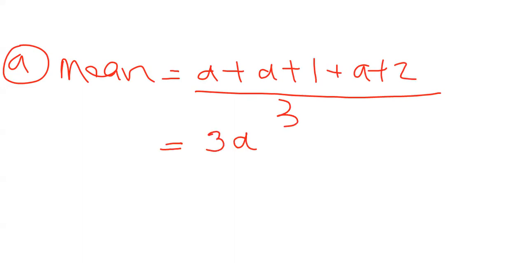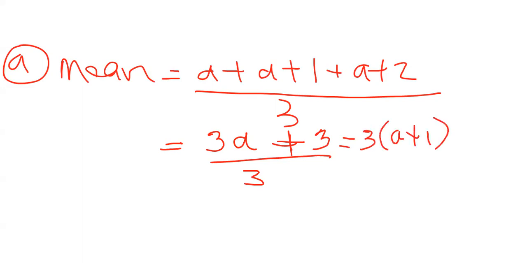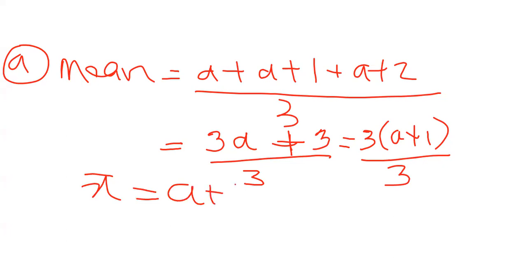All those A's is 3A plus 3 all over 3. Try to factorize 3 into A plus 1 all over 3. Our mean is equal to A plus 1. Is it clear?